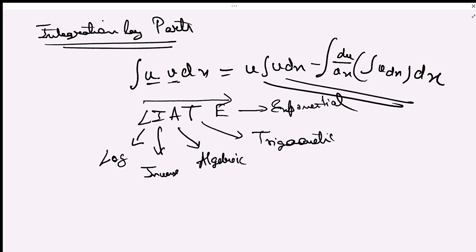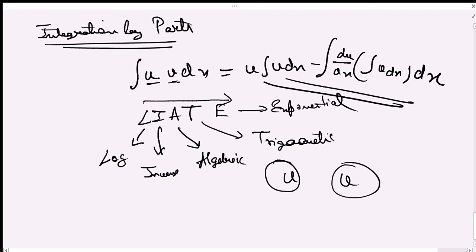Got it. Now there is a choice of which function to set as u and which function to set as v. Basically, you have a preference order. If in the product of functions you have a logarithmic function and an algebraic function, then set u as the logarithmic function and v as the algebraic function.